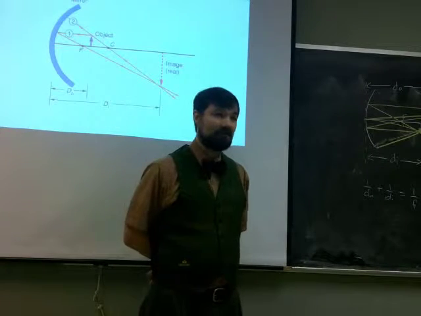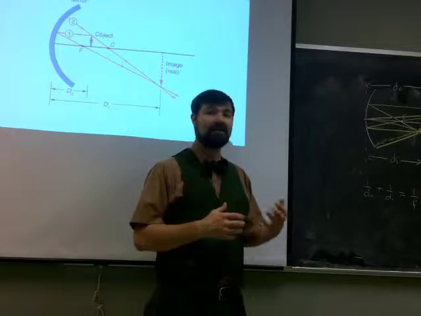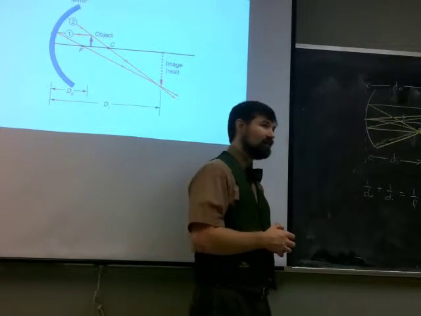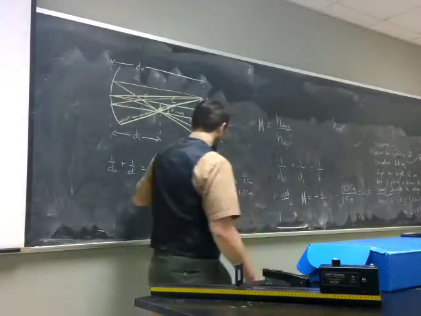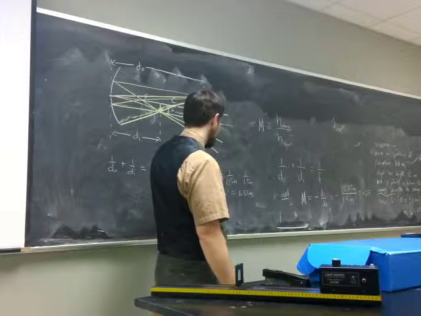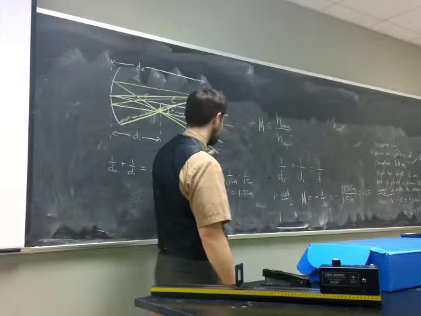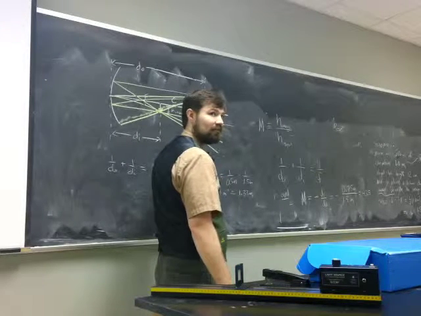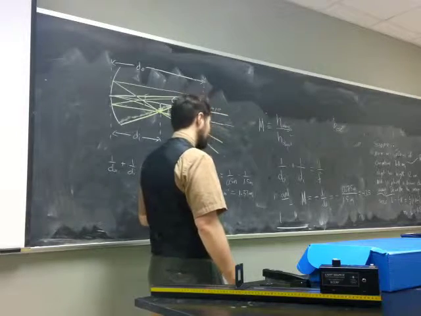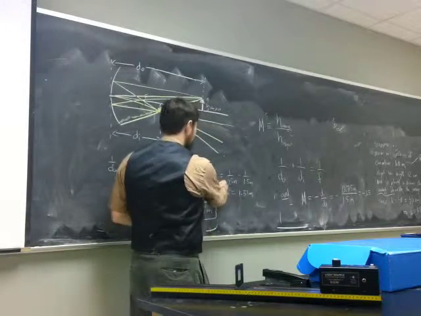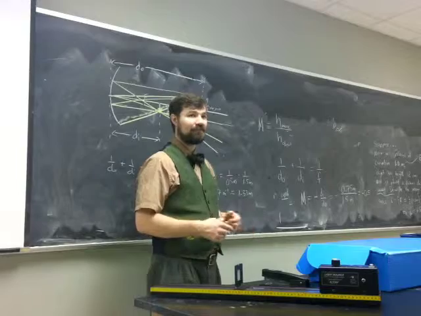What you need to get a virtual image is a negative answer. How do you get a negative answer? Well, this number has to be negative, and in order for that to happen, this collectively has to be bigger than this collectively. And in order for that to happen, DO has to be smaller than F.